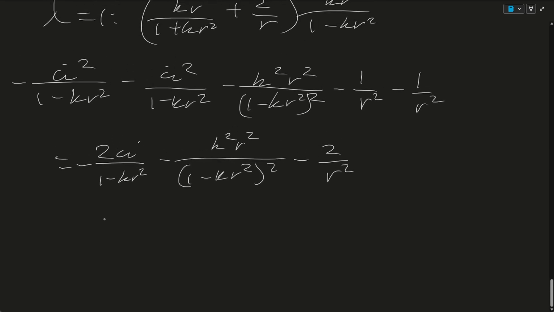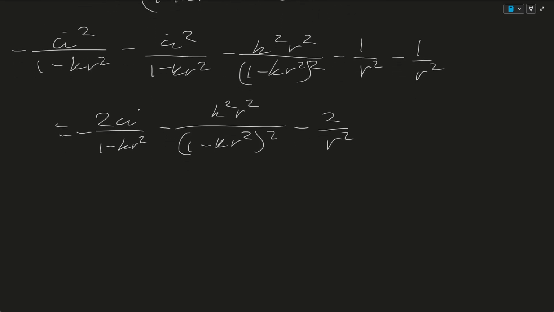This is actually a fairly straightforward sum. I'm lying, it's just a lot of horrible algebra. So that gives us R11 as equal to k plus k squared r squared over 1 minus kr squared squared.